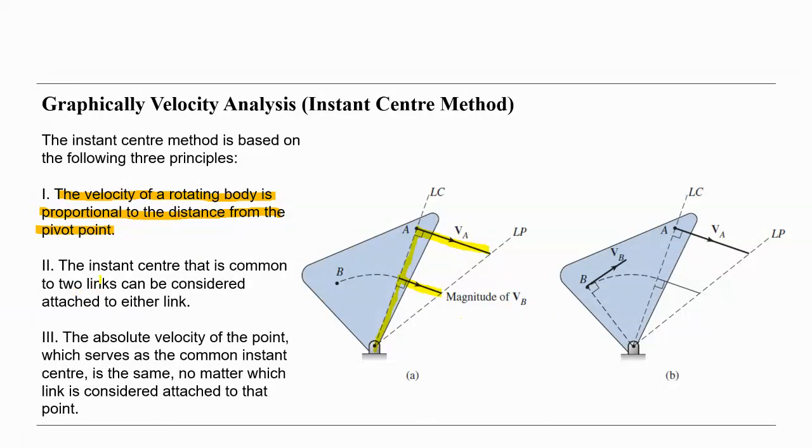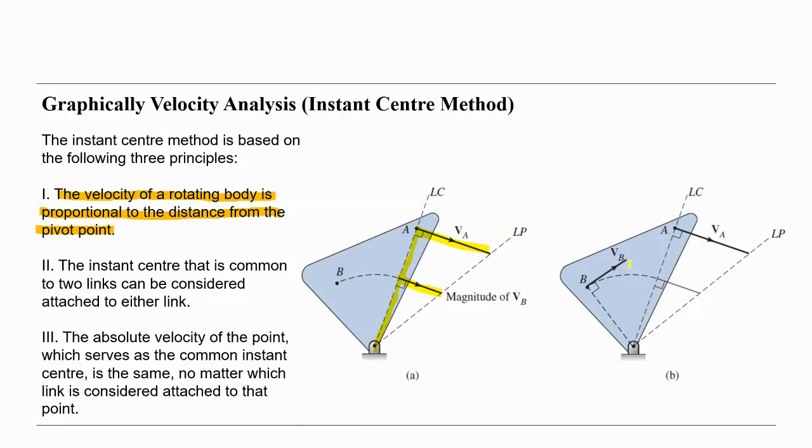The second: the instance center that is common to two links can be considered attached to either link. And the absolute velocity of the point which serves as the common instance center is the same, no matter which link is considered attached to that point.